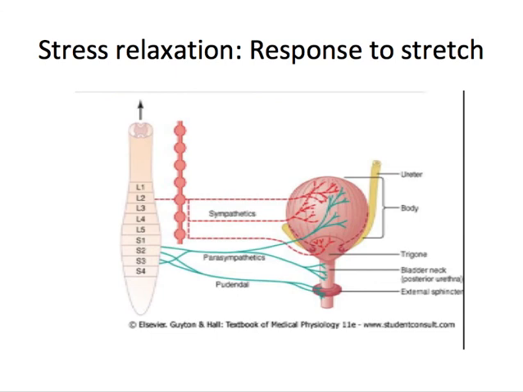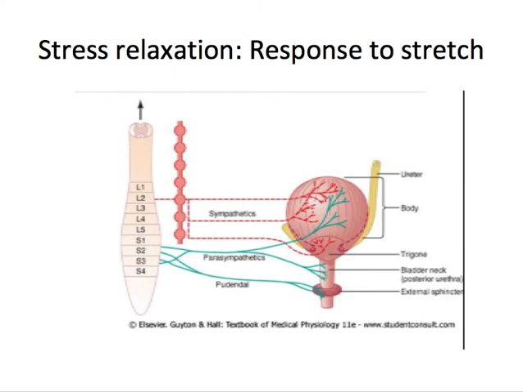So we can say that the smooth muscle exhibits a phenomenon called the stress relaxation response, in which the smooth muscle responds to stretch only briefly and then adapts to its new length. At the new length, however, it retains its ability to contract.